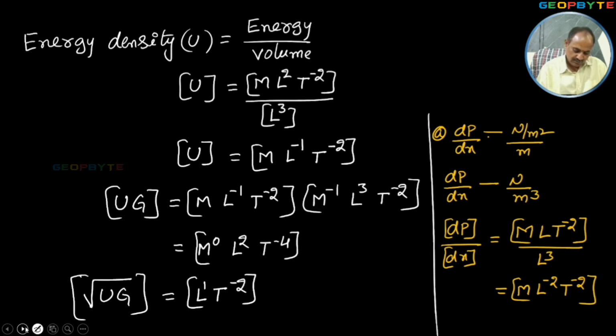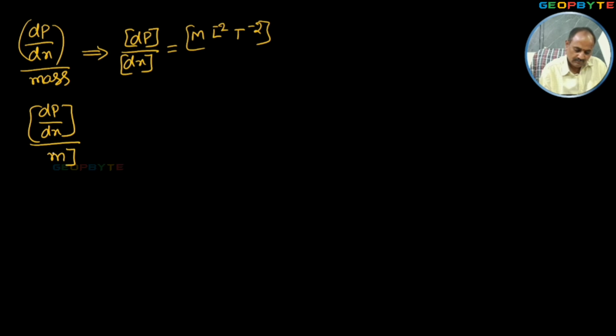Dimensional formula for dP by dx we got M L power minus 2 T power minus 2, right? Then dP by dx dividing by mass, equal to M L power minus 2 T power minus 2 dividing by M. Is it correct?